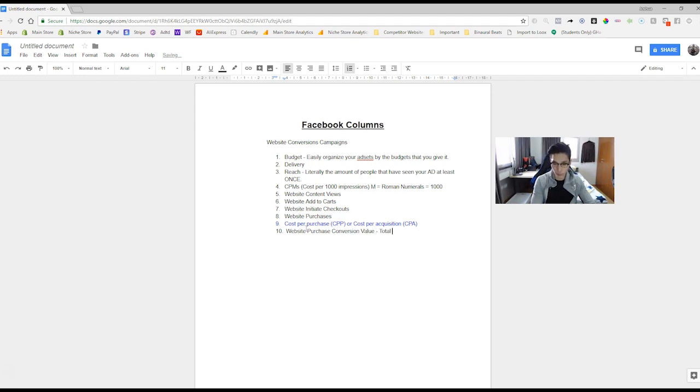So this is just the total amount of revenue that you have in that particular ad set. For example, let's say one ad set, the conversion value is $1,000. It means that that specific ad set has made you $1,000 worth of revenue or sales, okay?